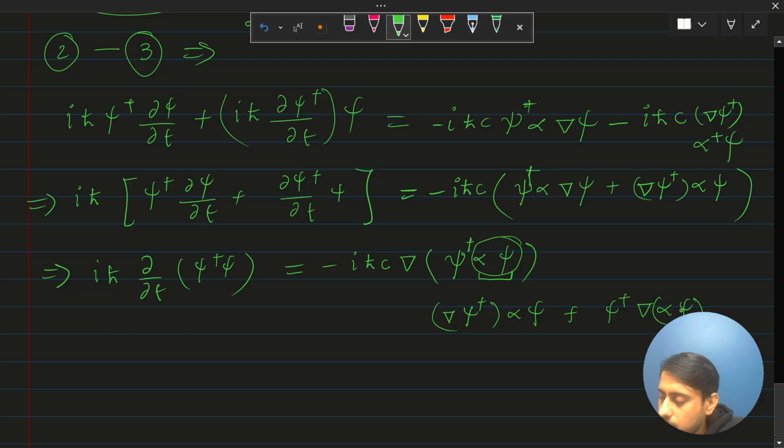So let's see, is it matching? Now this term matches with this.